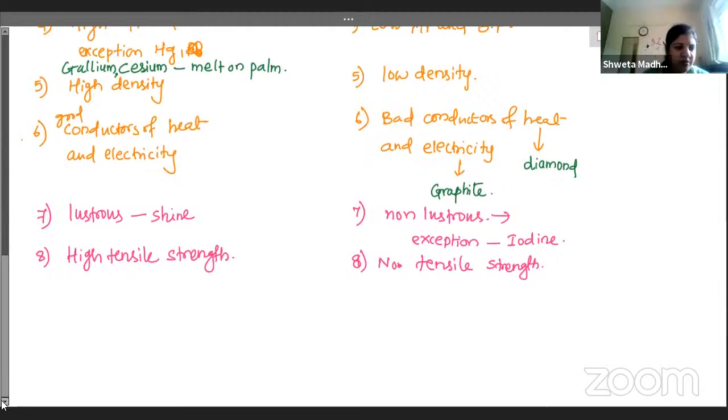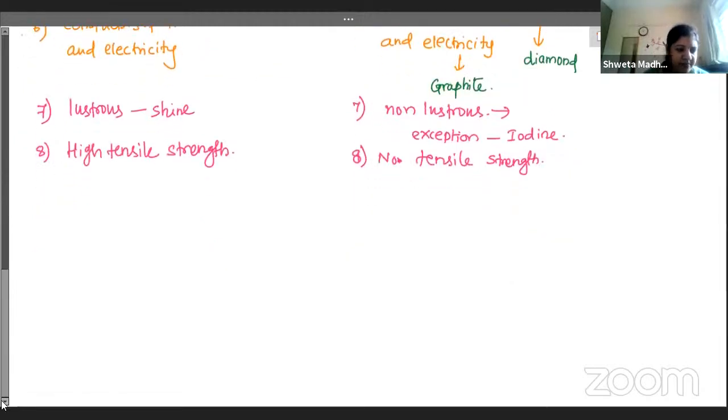So here are some points, write them down as a note. First thing, sodium and potassium are metals that can be easily cut with a knife. Write these points down.